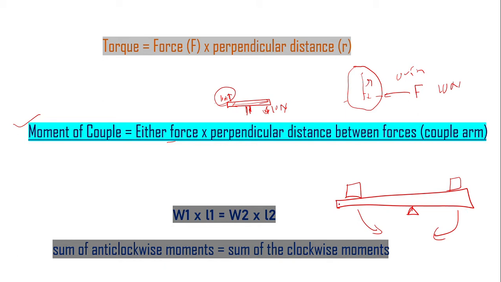Now if it is in equilibrium, or balanced, that means the torque generated by this weight and this length is equal to the torque generated by this length and this weight. So W1 into L1 is equal to W2 into L2.